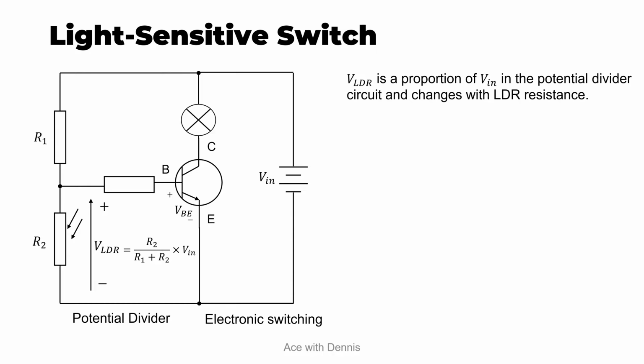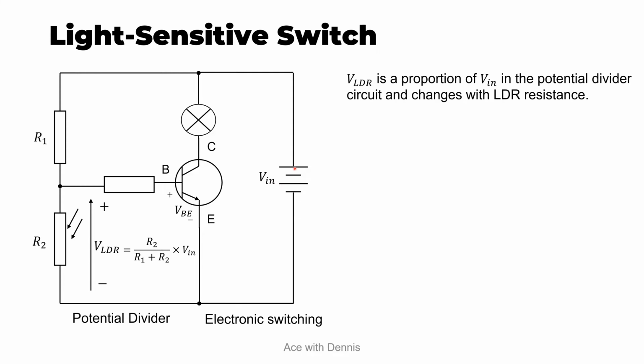So from this formula, we can see that VLDR is a proportion of Vin in the potential divider circuit and changes with LDR resistance. As you can see from this formula, R1 and Vin both are constants because R1 is a fixed resistor and the Vin is the EMF of the battery.